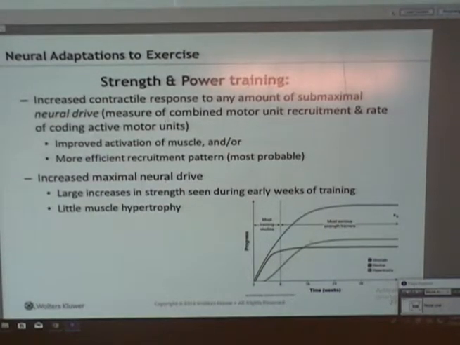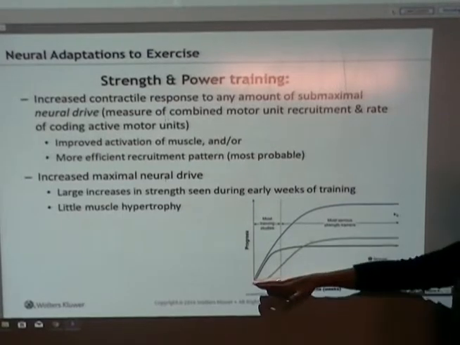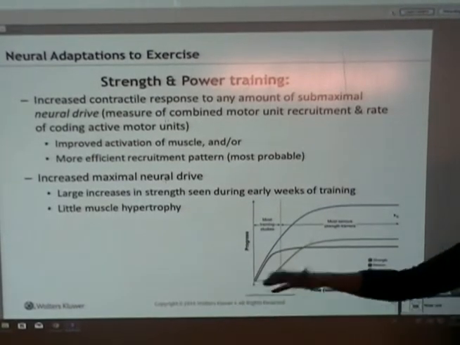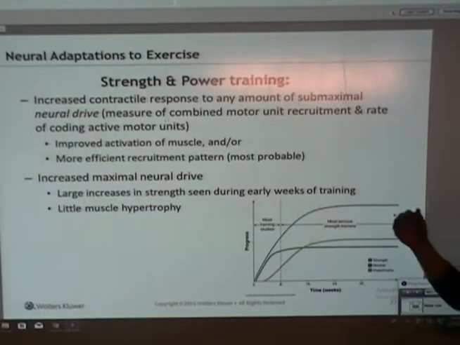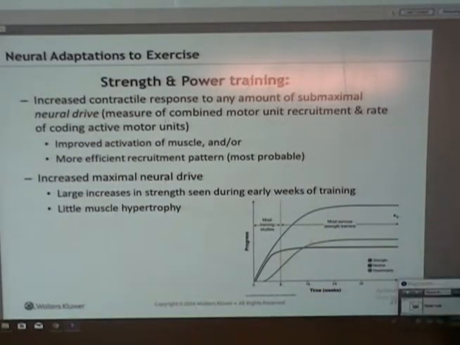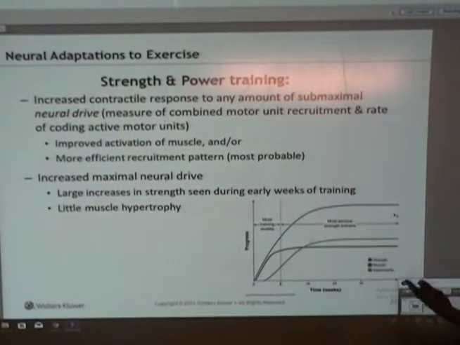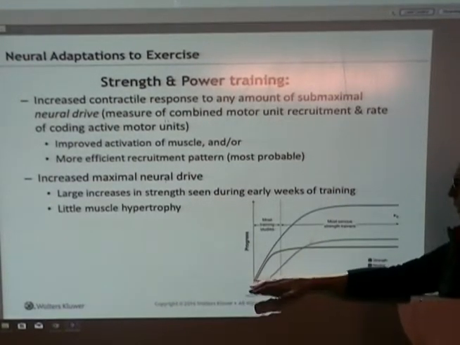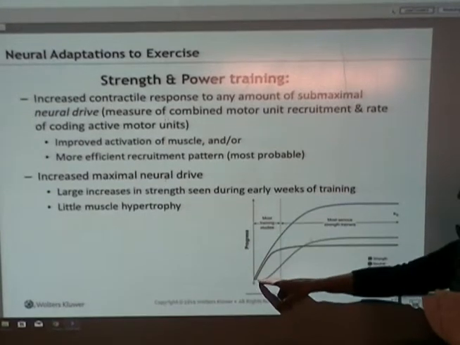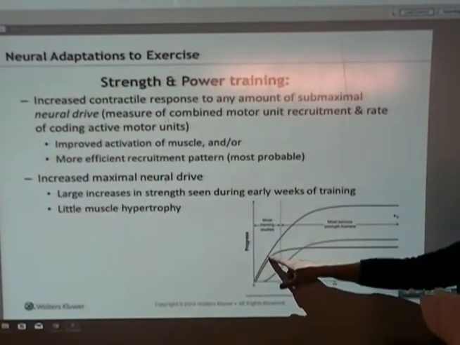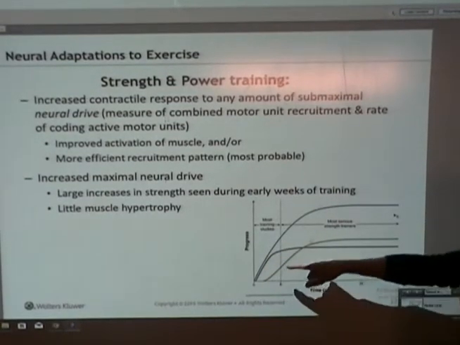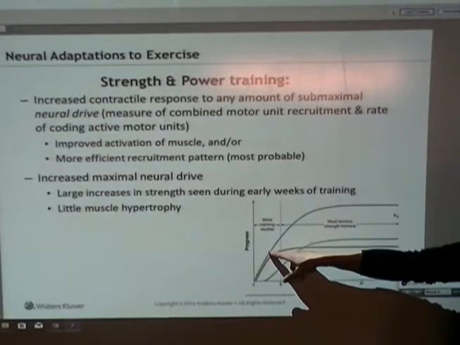If I take someone who is low active or sedentary, or someone who hasn't been doing any kind of resistance strength work, and I put them onto a consistent strength plan 2 or 3 times a week, then what we see over the course of just the first week, the first couple of weeks, is a significant improvement in their strength.